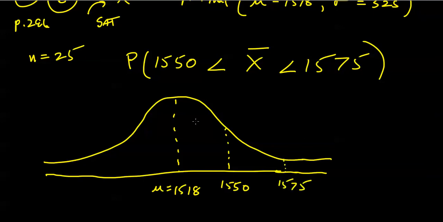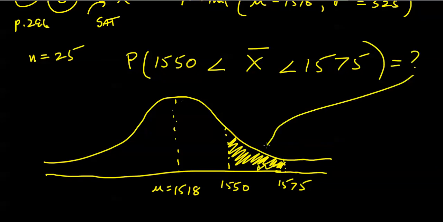This may not be to scale, but for demonstration purposes, I'll shade in the desired probability. This probability is the area under this distribution between 1550 and 1575.